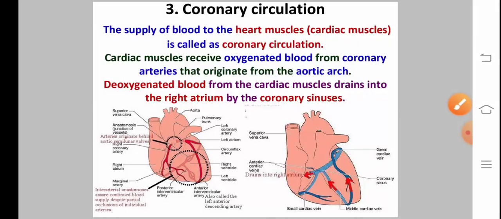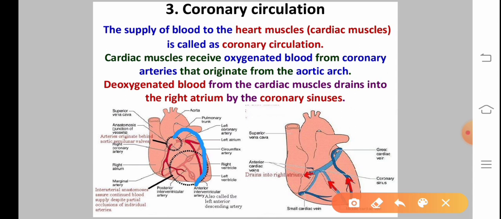Third one is coronary circulation. The supply of blood to the heart muscles is called coronary circulation. Cardiac muscles receive oxygenated blood from the coronary arteries that originate from the aortic arch. So, from the aortic arch, the coronary arteries supply the blood to the cardiac muscles.